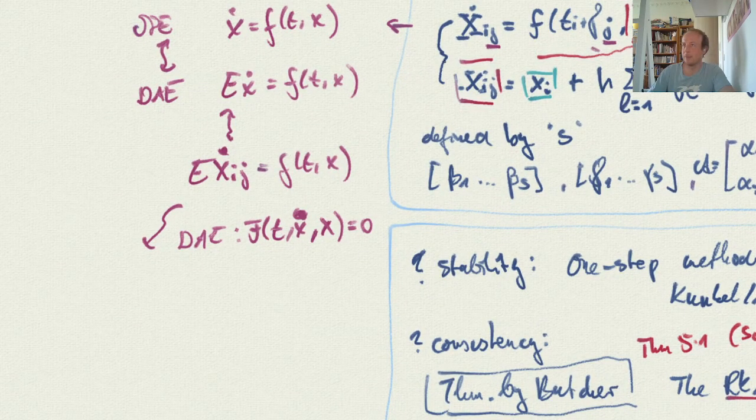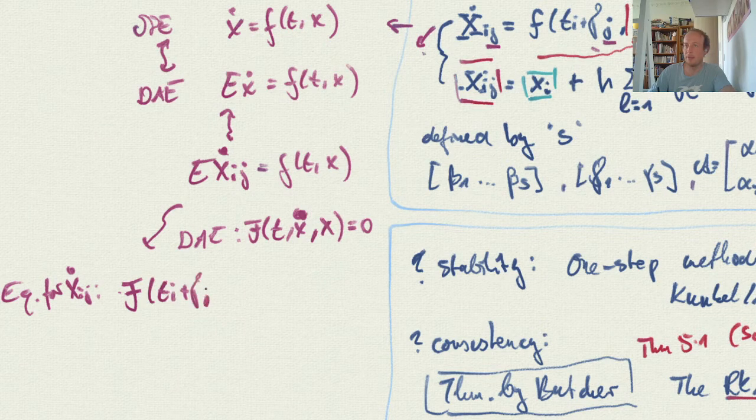So then we have this equation here, then this will become f, so the equation for X_ij dot will be f of t_i plus gamma_j h, that's the t here.